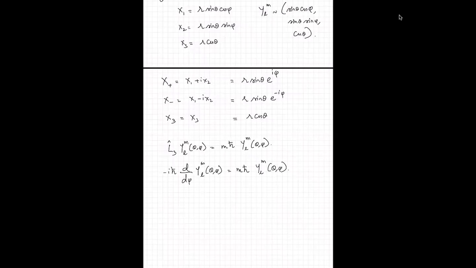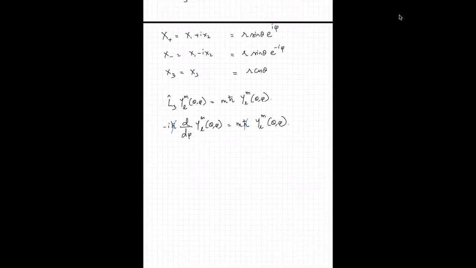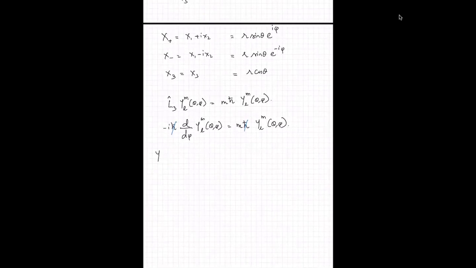Okay. So the h bar part can go away, and m, as we know, is an integer. Now our claim is that these Y_lm are polynomials of order L in x1, x2, x3, or equivalently x plus, x minus, and x3. So in other words, let us say we are looking for L equal to 2. So Y_2m, right?